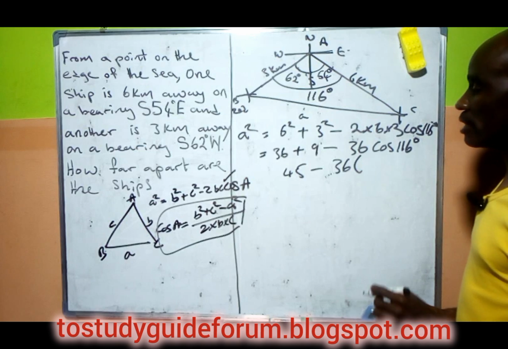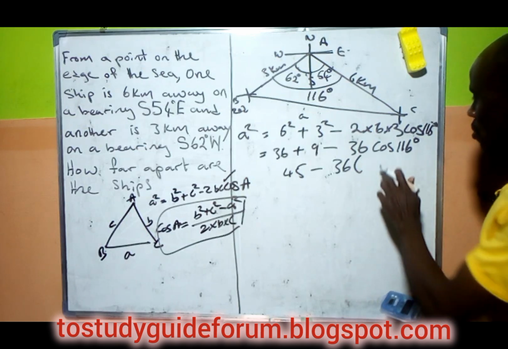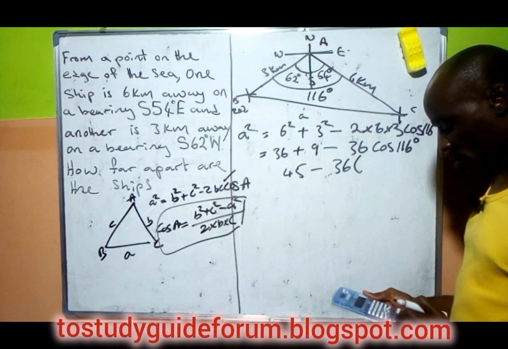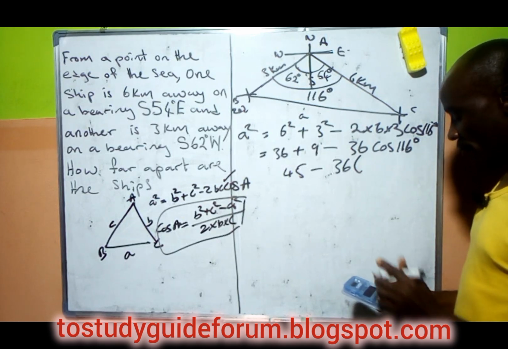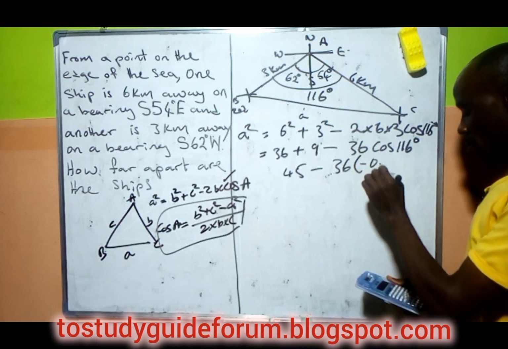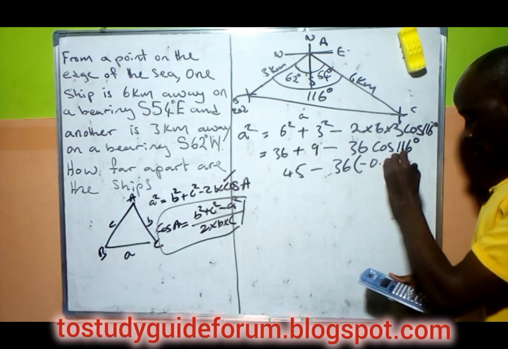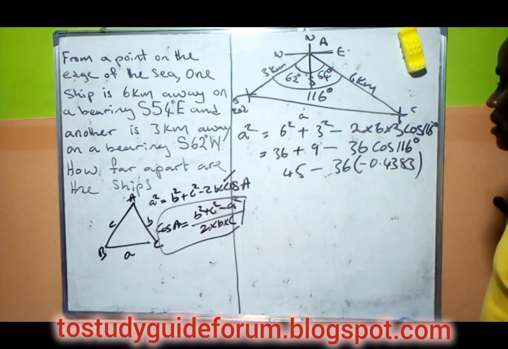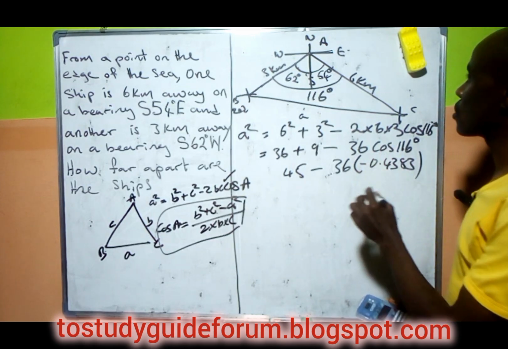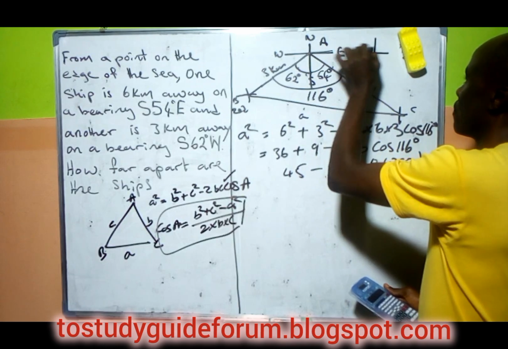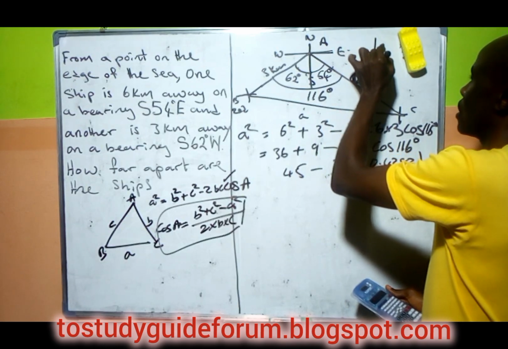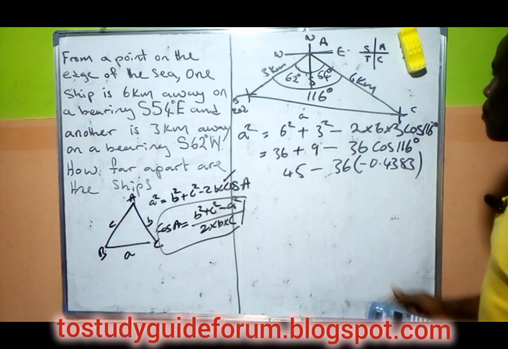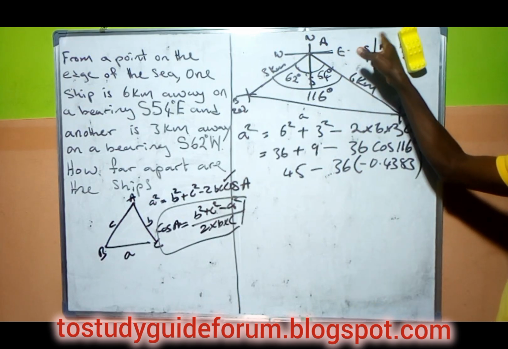Cos 116 is in the second quadrant and it's always negative. If we calculate this using the calculator, it's going to give us a negative sign, because in the second quadrant, cos is always negative. Remember, only sine is positive here in the second quadrant.